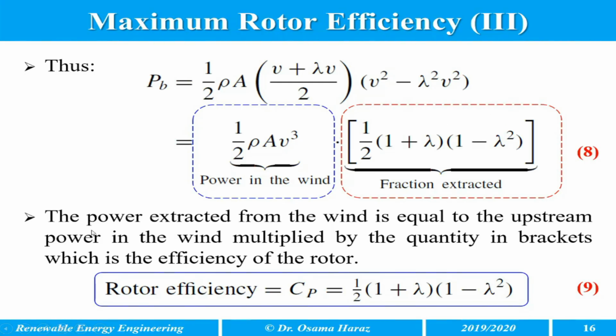The power extracted from the wind equals the upstream power in the wind multiplied by the quantity in brackets, which is the efficiency of the rotor. So we call half times 1 plus lambda times 1 minus lambda squared by Cp. Cp is the rotor efficiency.